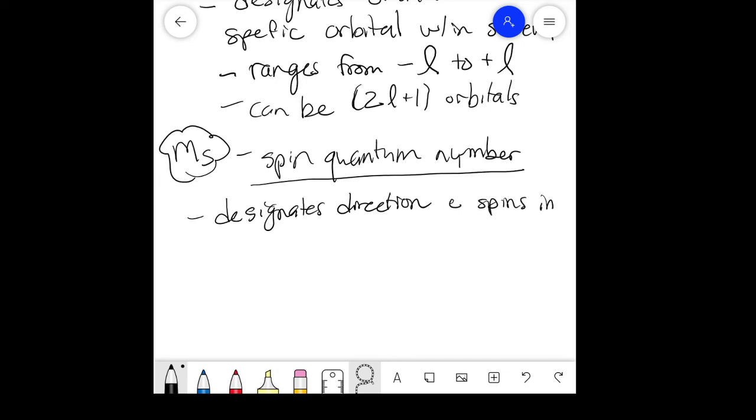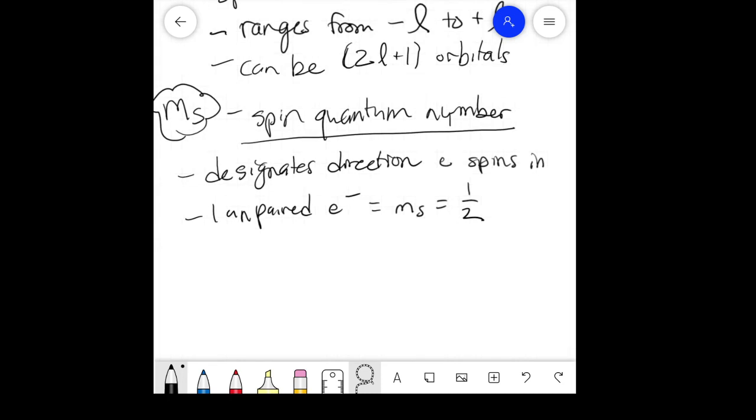If you have one electron in an orbital by itself, you have one unpaired electron, its M sub S is going to equal positive 1/2. And then by convention, if you have paired electrons, that second electron is going to be negative 1/2, or in that sublevel, you're going to have M sub S equals plus or minus 1/2. And the positive one is clockwise, negative one is counterclockwise.